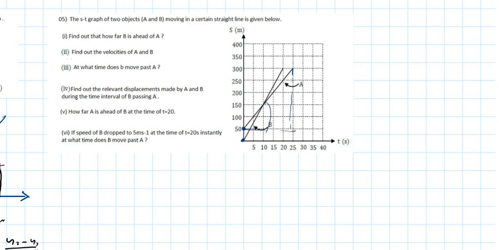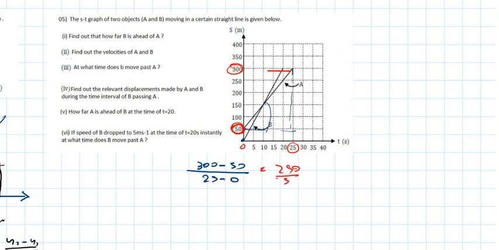Next, what is the y and x for this? 25 and 0. Right. 250 divided by 25, it is 10 ms minus 1. Similarly for B, what is vB? 300 minus 0, because B starts at 0.